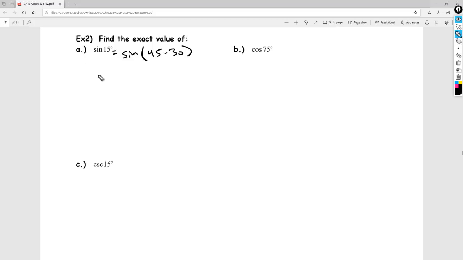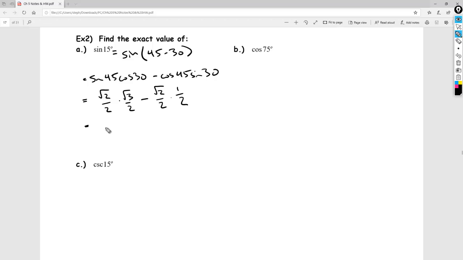Then I can use my sine difference formula to get an exact answer. Plugging this in, I'll end up with sine of 45 cosine of 30 minus cosine of 45 sine of 30. Using values from the unit circle, I know that sine of 45 is √2/2, cosine of 30 is √3/2, cosine of 45 is √2/2, and sine of 30 is 1/2.